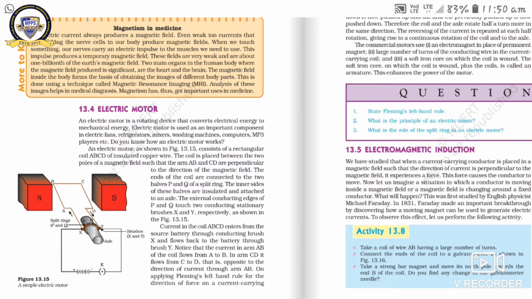Here the electric motor is used in different components like electric fans and refrigerators. You will know how the fans of refrigerators, mixers, washing machines, etc. are rotated. Do you know how an electric motor works?